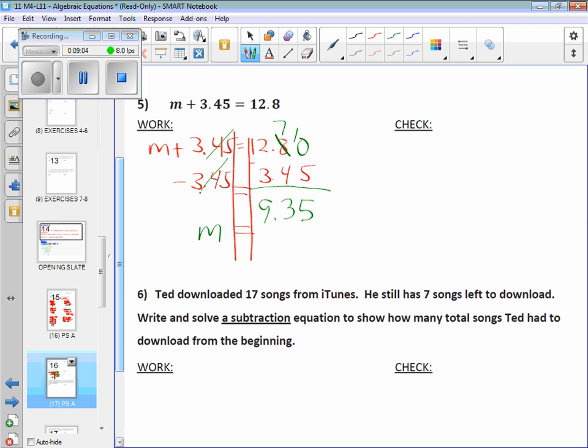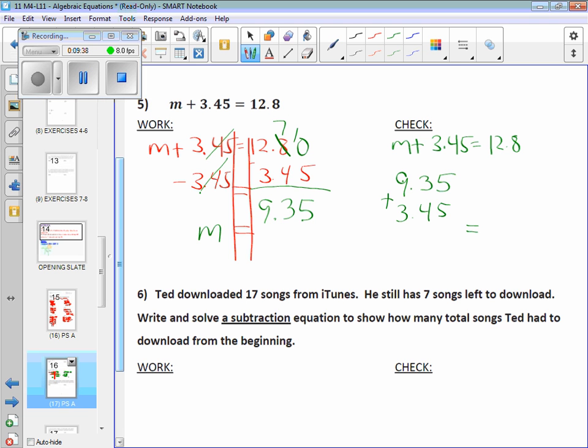Okay, here comes the check. What am I substituting in for M? Stevie? 9.35 plus 3.4. I'm going to cheat a little bit. Since I know I need to add it, I know I got to line up my decimals, so instead of writing it horizontally, I'm going to write it vertically.